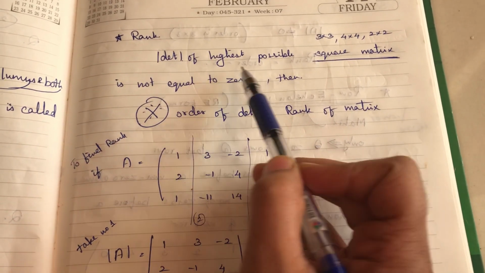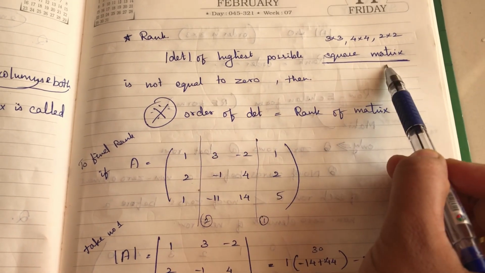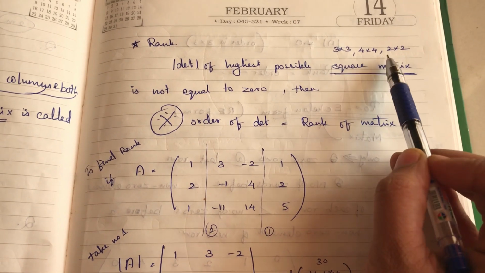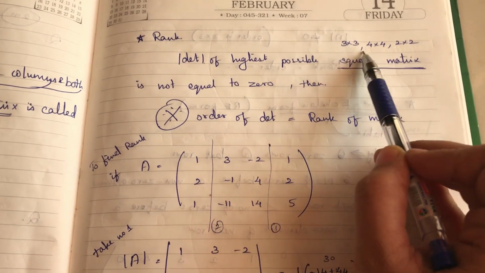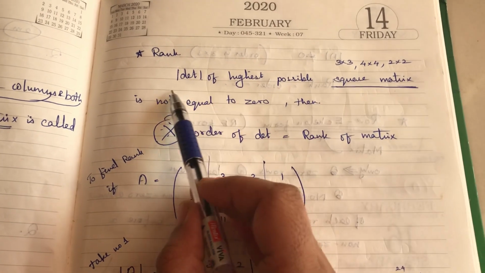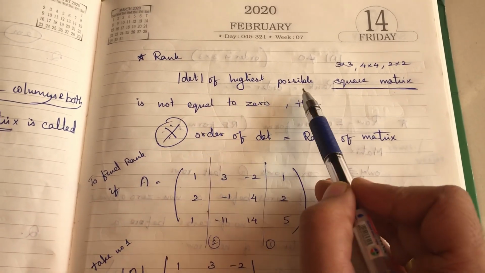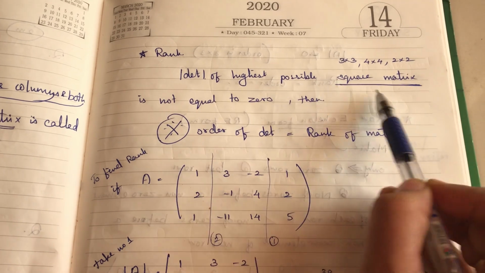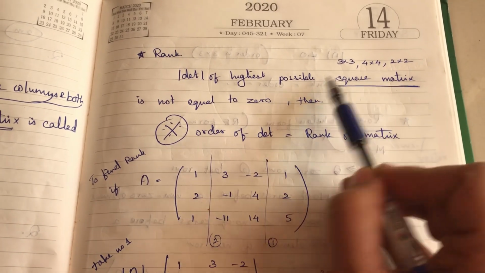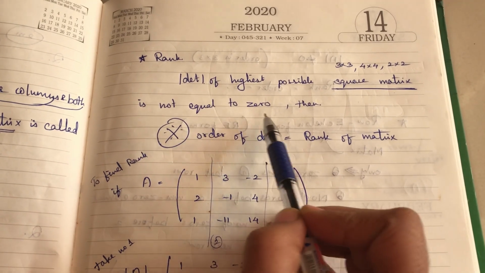If the determinant value of the highest possible square matrix, and the highest possible square matrix is nothing but the square matrix starting from 2 by 2, right? So 2 by 2, 3 by 3, 4 by 4, 5 by 5, 6 by 6, higher orders. So the determinant value of the highest possible square matrix, whether 2 by 2, 4 by 4 or 3 by 3, okay, is not equal to 0.